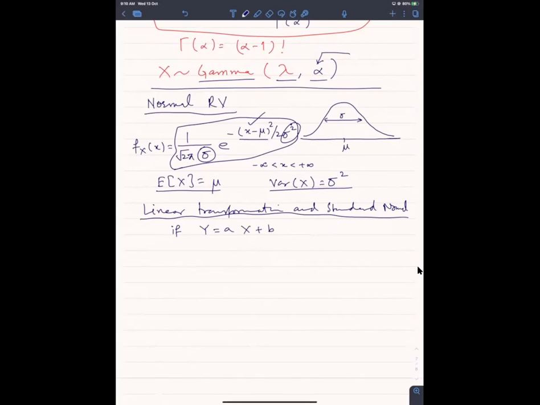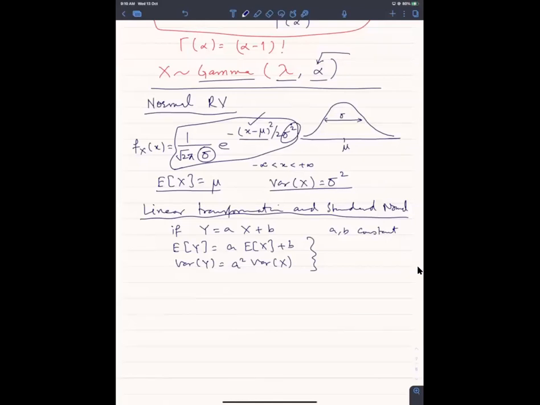Y is a random variable. X is also a random variable. A and b are constants. So we say that y and x are linear functions. Last time we saw that the expected value of x and y are related by this formula, and the variance of y is equal to a square variance of x. We saw this for any random variable, in the discrete case as well as the continuous case.